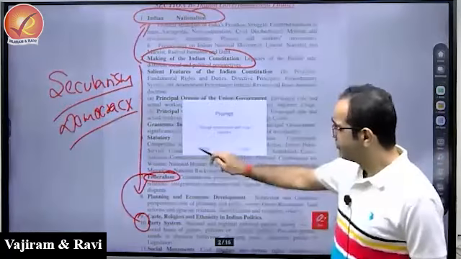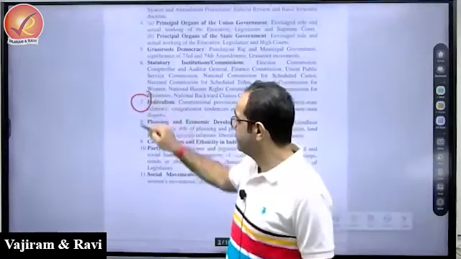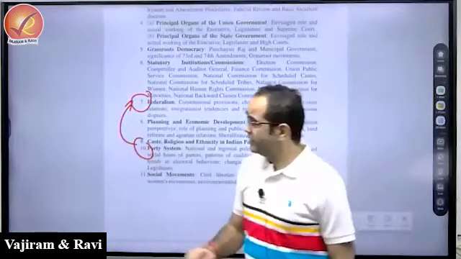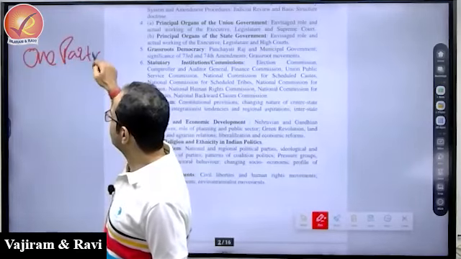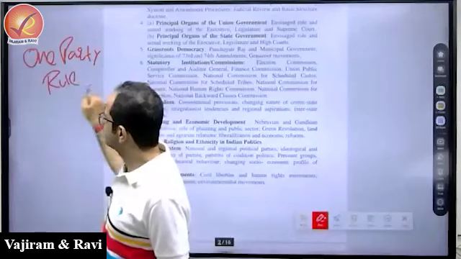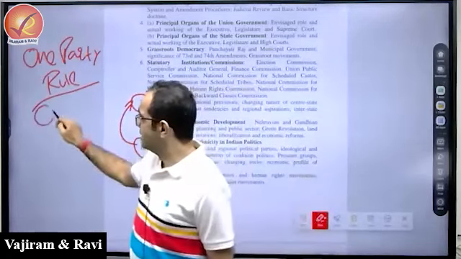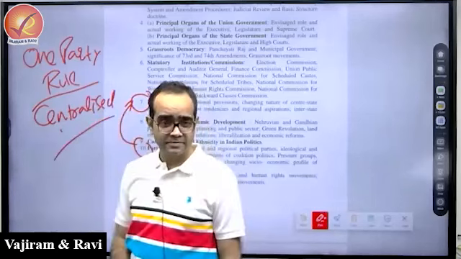The dynamics of federalism and the party system in India are very evident. It is said that whenever there is one-party rule at the center, Indian polity becomes more centralized.